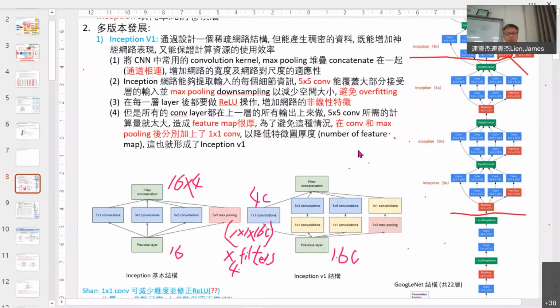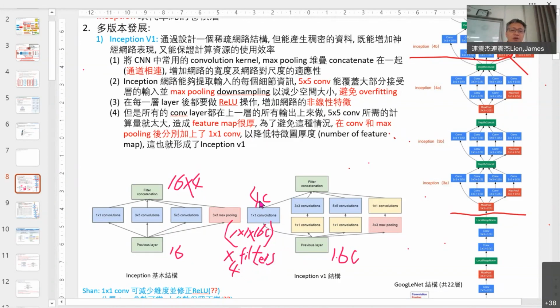Back to here. So we continue. So why we need one by one filter, convolution filter? For example, we have a 16 channel, actually 16 maps here, right? And then this one is a one by one, actually it's one by 16 maps. And total we design, suppose, for example, we design 4 filters.